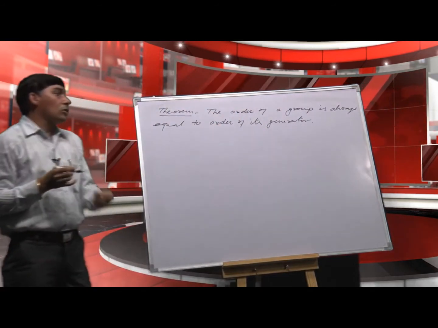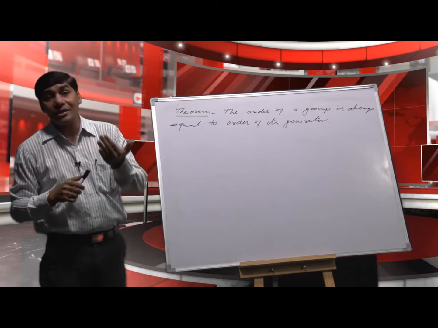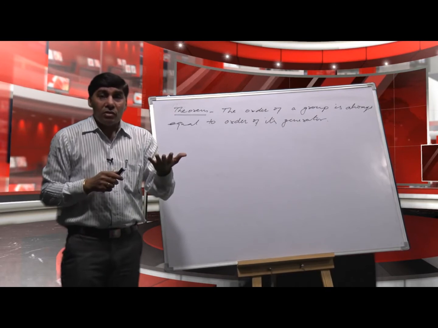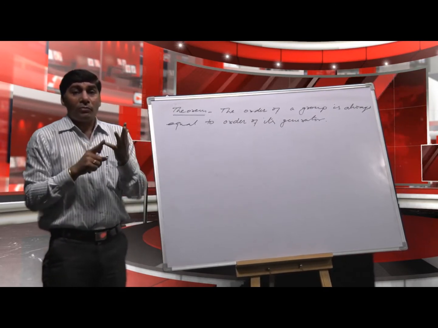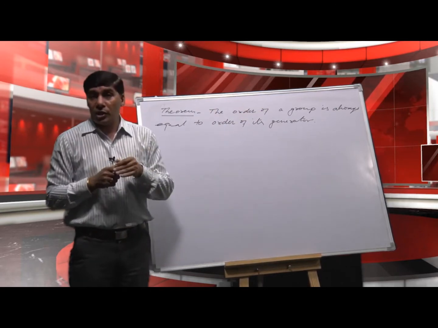That means G is a group, and a is a generator of G. We will prove that the order of a and the order of group G are the same.